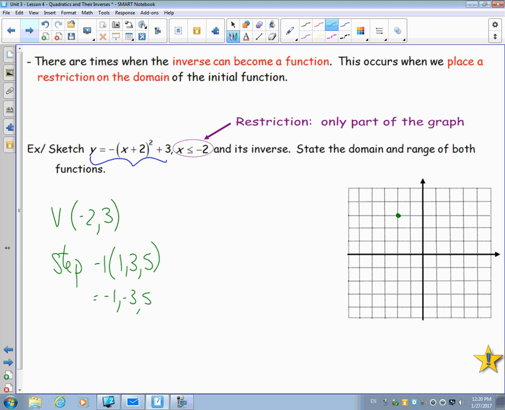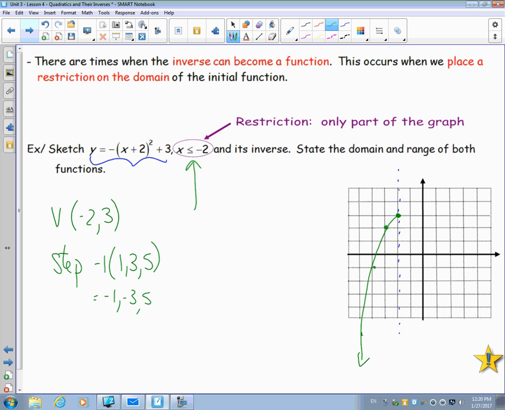Now remember, we have this restriction of less than -2. So I can only go to the left of -2. So over 1, down 1, over 1, down 3, and over 1, down 5, and I create this function. I don't go to the right because in my restriction it says x's have to be less than -2. In other words, from here to the left.